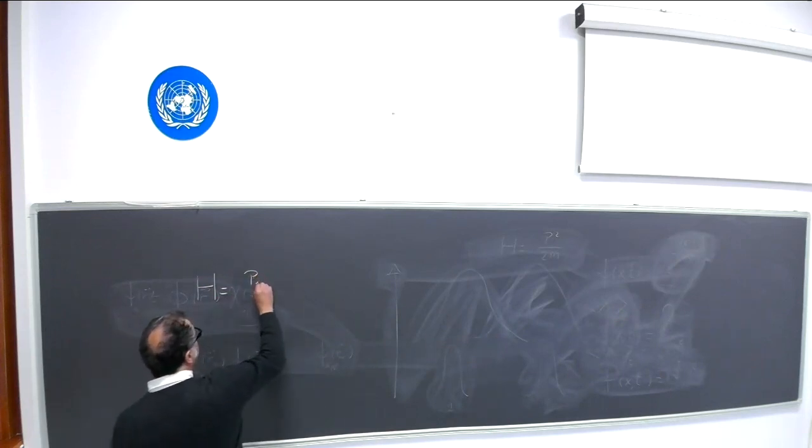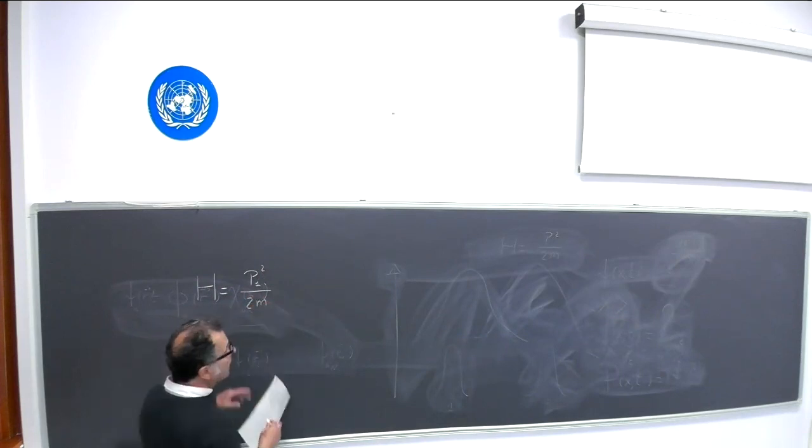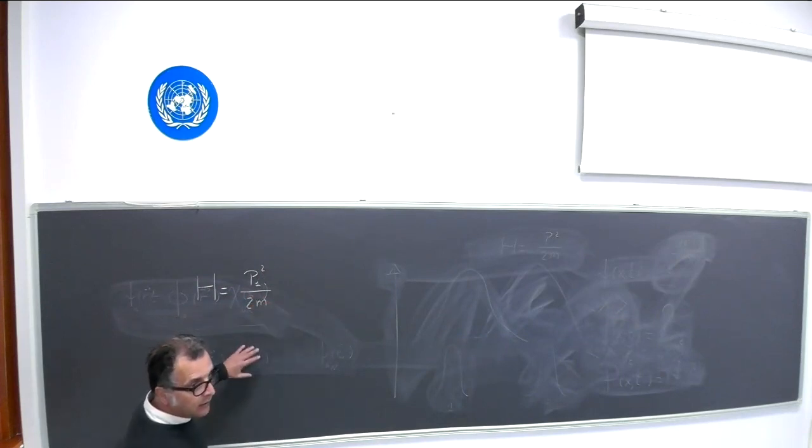So the Hamiltonian is given by P1 squared over 2m plus V(R1) plus P2 squared over 2m plus V(R2) plus U(R1, R2). Do you see well, since the blackboard is dark, do you see what I'm writing? I see very well. Okay, very good.